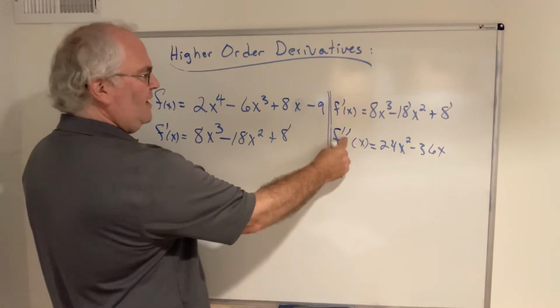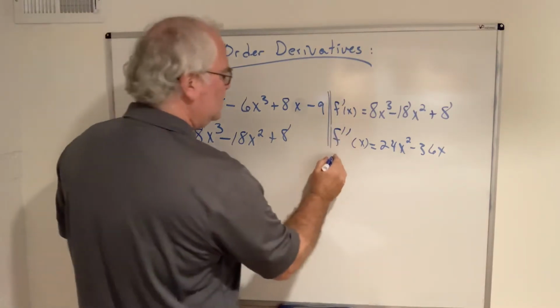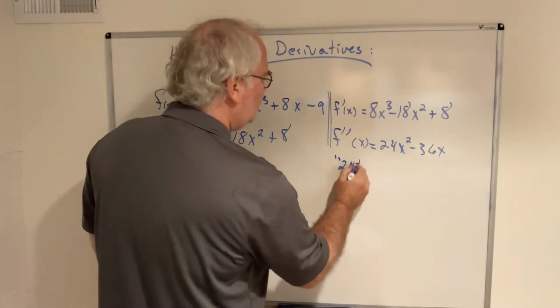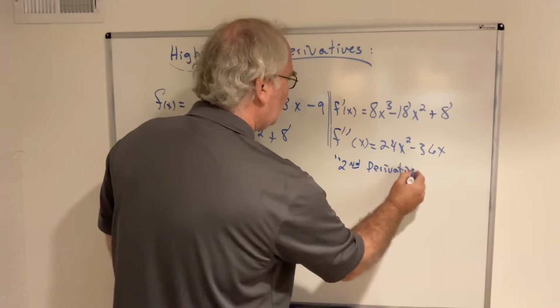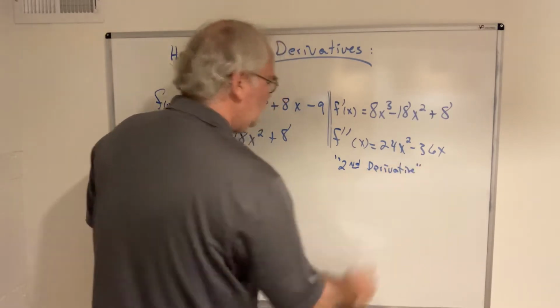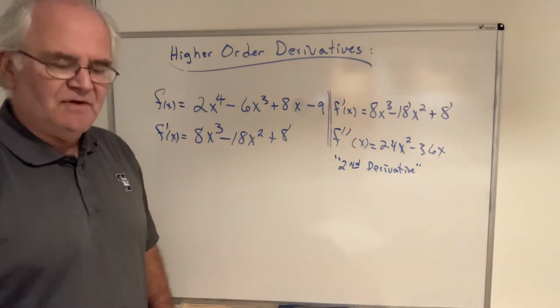And you see what I've generated? F double prime. This is the second derivative. The second derivative. It is simply the derivative of the derivative.